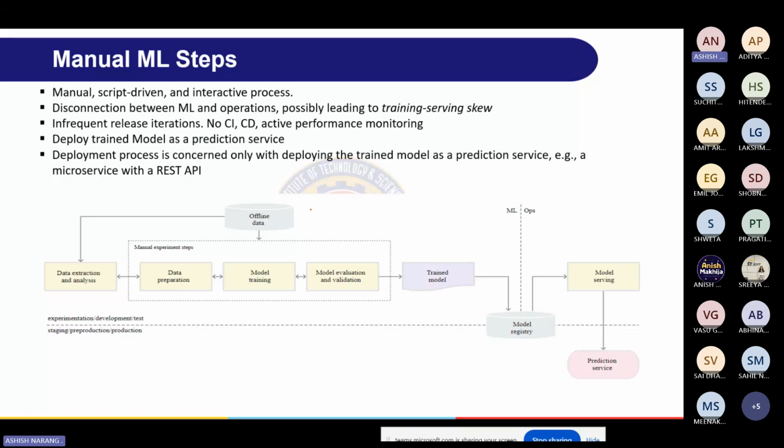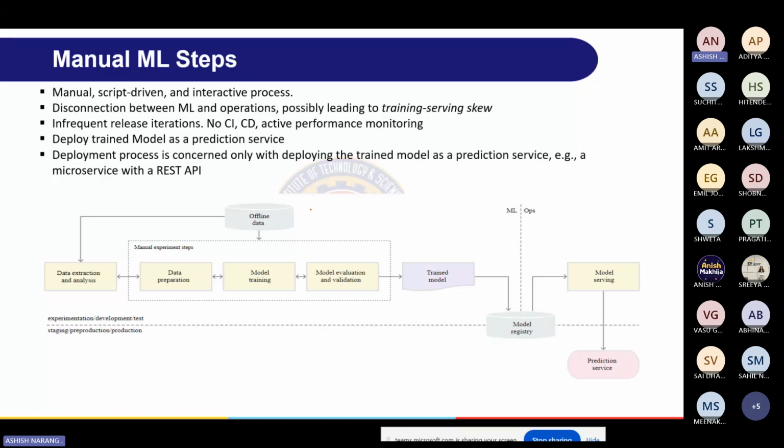So what will happen? The data for which you've trained and what you now have in production may become inconsistent, and this particular thing is known as training serving skew.